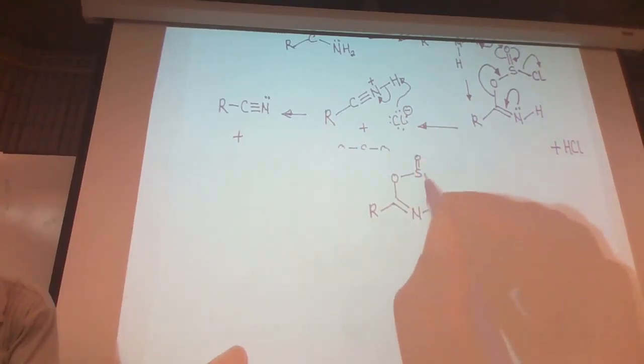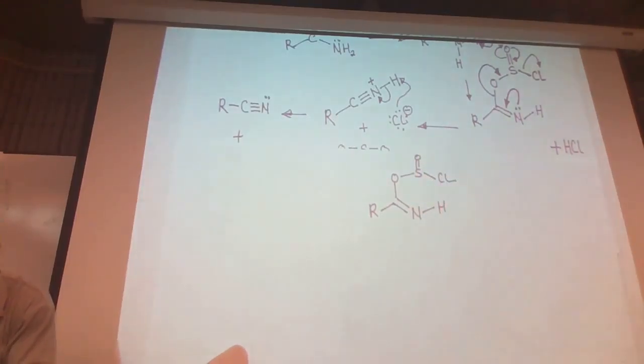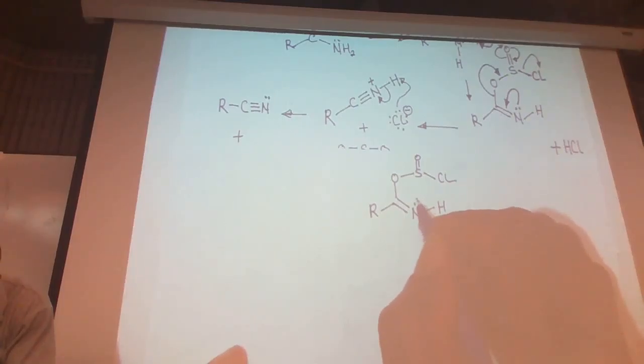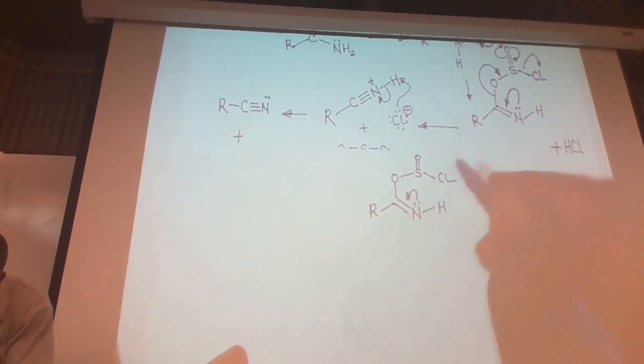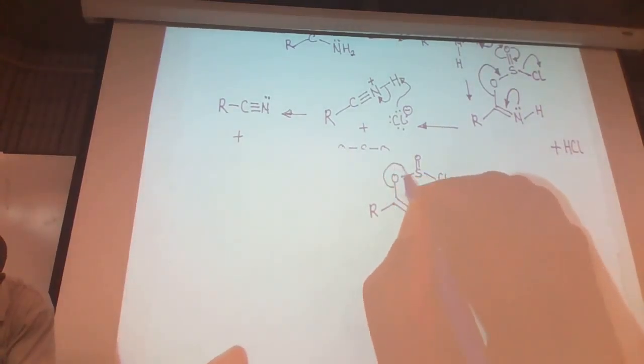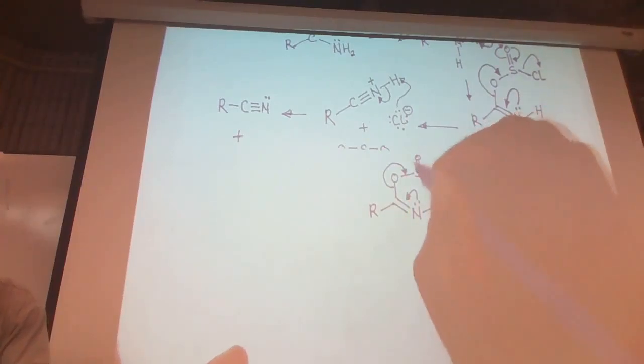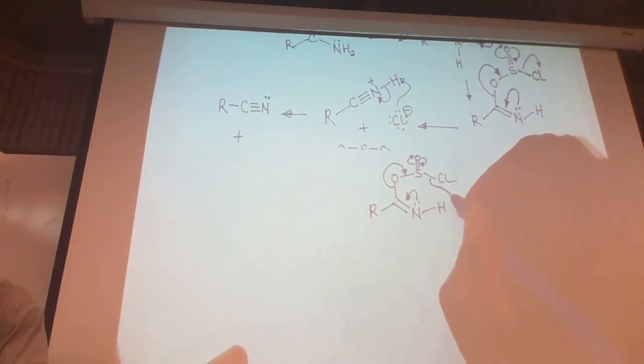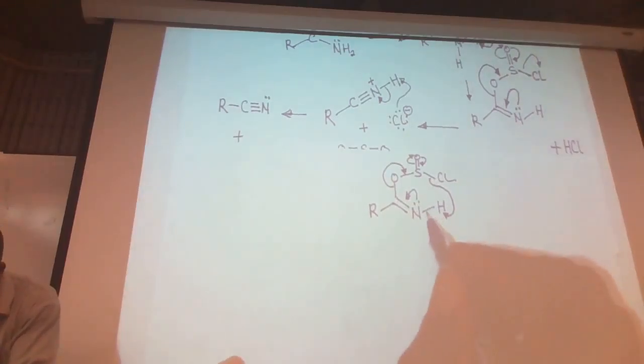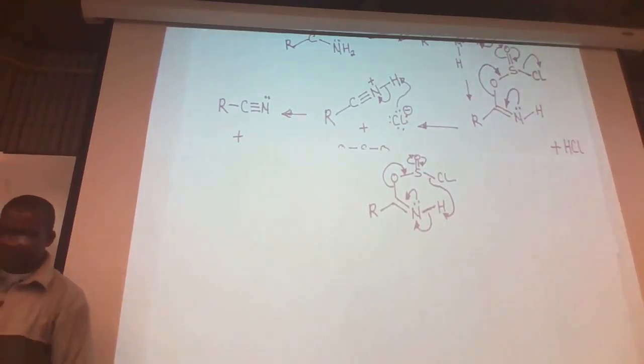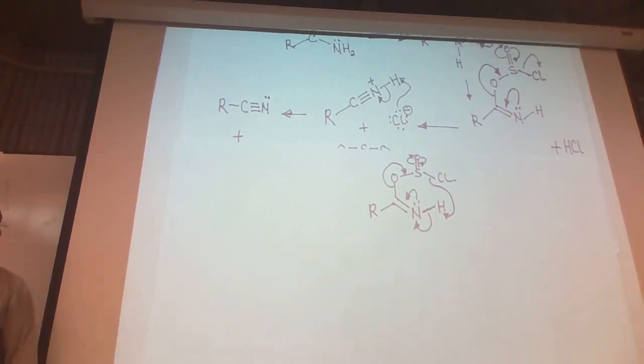Why did I do that? That's okay. So this could have been written this way. Form the triple bond. This will break to form a double bond. This double bond here will break. It's going to reform back this chlorine. But if you do that, then you have to move this bond back over here. So in one step you can do everything.